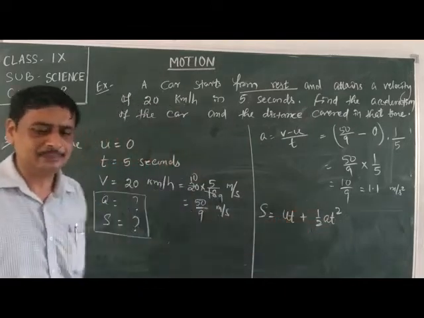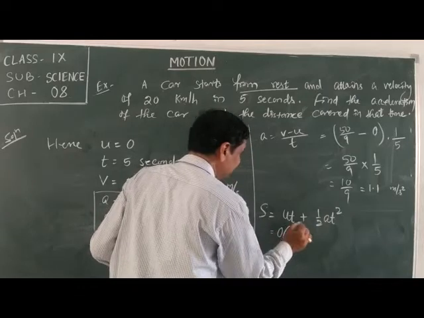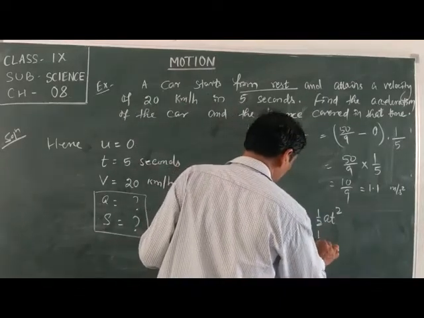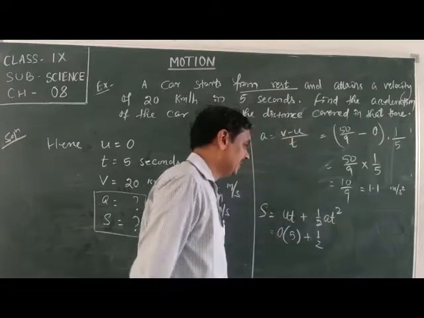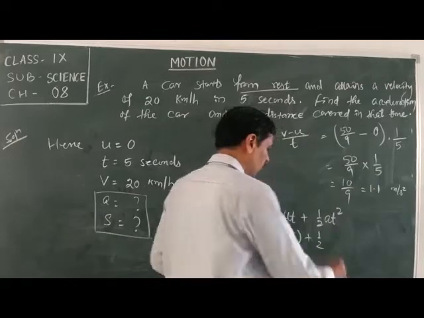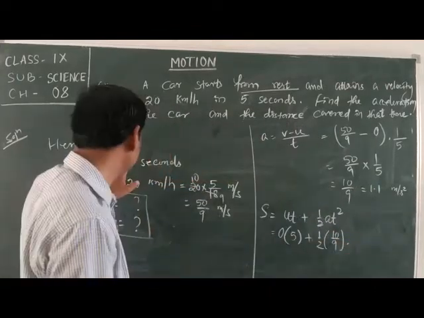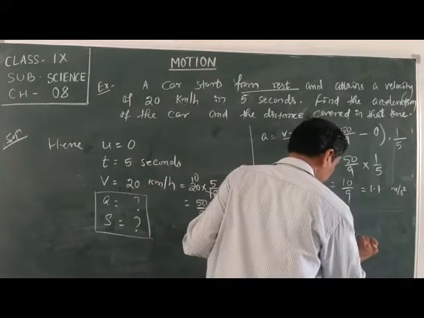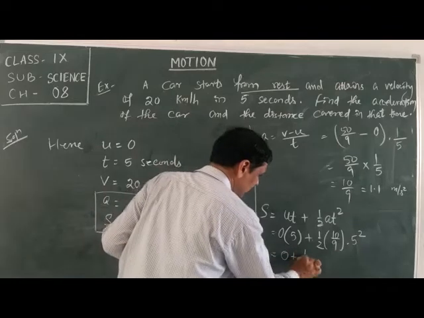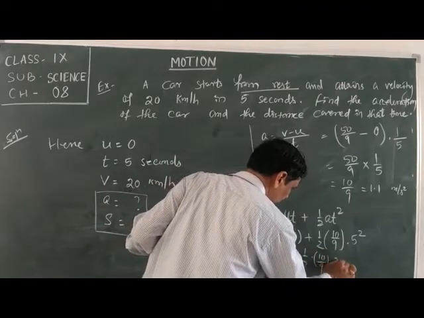Put the value of u here, 0 into t, t is 5, plus half into a into t square. a is 10 by 9, or you can use 1.1, and t square is 5 square. 0 into 5 becomes 0 plus half into 10 by 9 into 25.